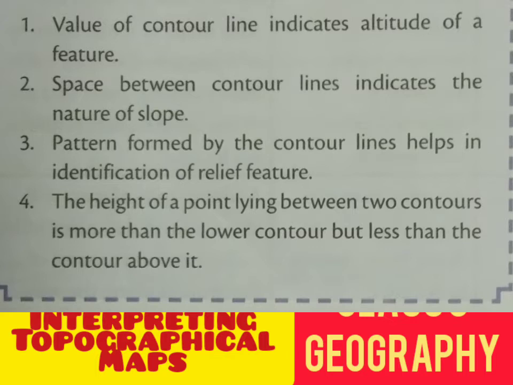Space between contour lines indicates the nature of slope. Pattern formed by the contour lines helps in identification of relief feature. The height of a point lying between two contours is more than the lower contour but less than the contour above it.